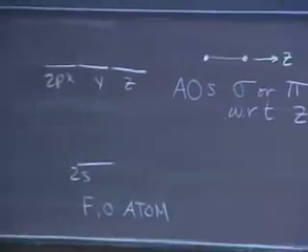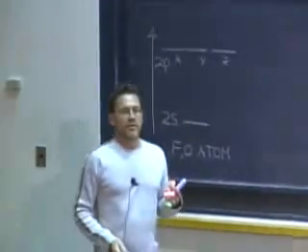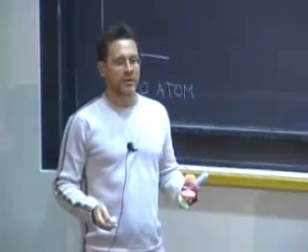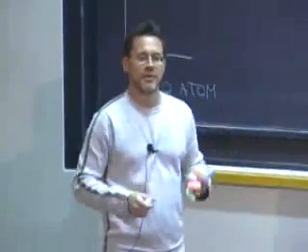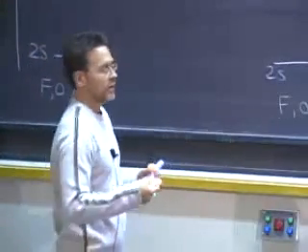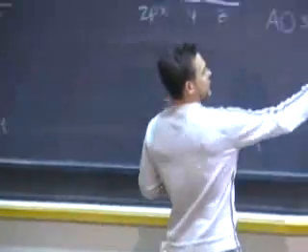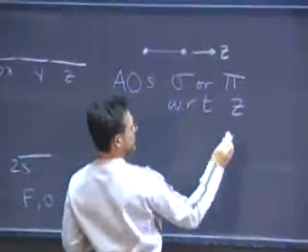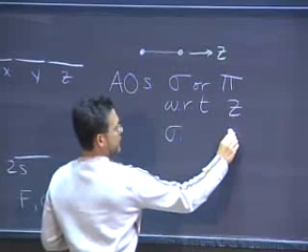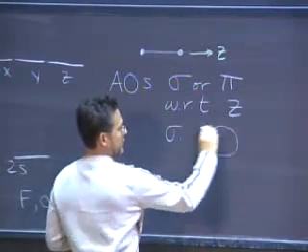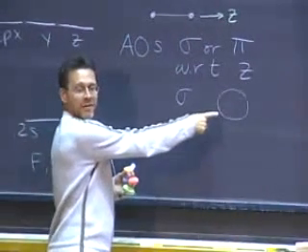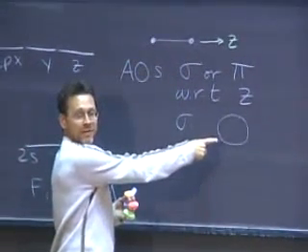Okay? And remember what that means in terms of the nodal properties. If something is sigma with respect to z, that means if you view it down z, it will look like a cylinder. It will look like a sphere, actually. It will be cylindrically symmetric about the z-axis. Okay? If it's sigma, then if you're viewing down z, you see that. Okay? That could be either an s orbital or it could be a pz orbital.